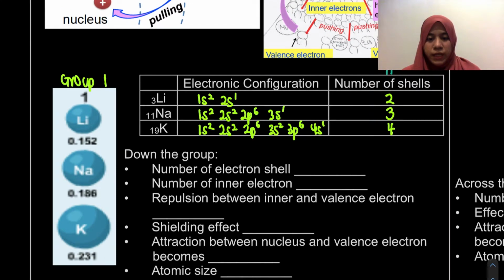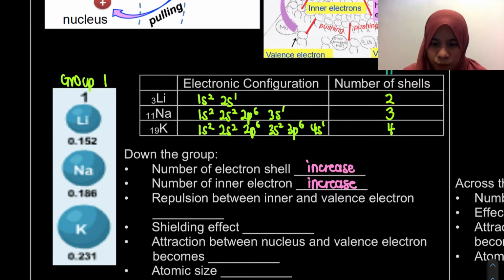Okay, so what happened here is that down the same group, group 1, for example, group 2 boleh, group 3 pun boleh. What happened is that the number of electron shells will increase. So what happened when the number of electron shells increases, the number of inner electrons pun increase. Okay, so contohnya, if we know valence electron is actually our highest n.